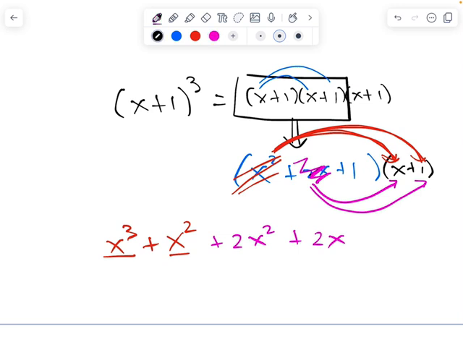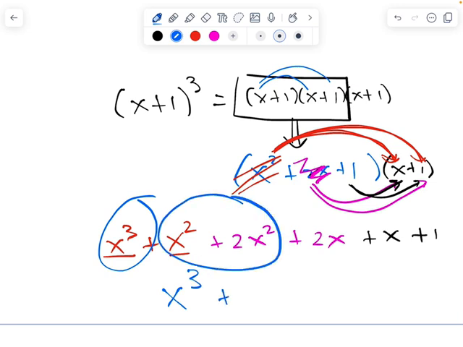And now let's use this last term. 1 is going to hit this, it's going to be 1x, and it's going to hit this, it's going to be 1. And if we combine all of those like terms together, we end up with x cubed. These guys combine to be 3x squared, these guys combine to be 3x, and these guys combine to be 1.